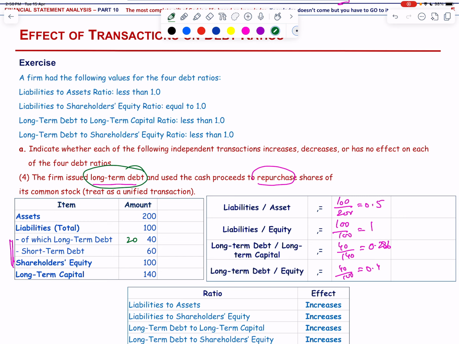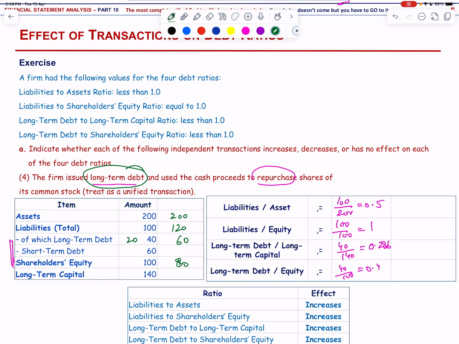Coming to the liabilities, they are going to increase to 120 as the long-term debt increases to 60 now, and the equity is going to decrease to 80 because they are repurchasing $20 worth of shares.